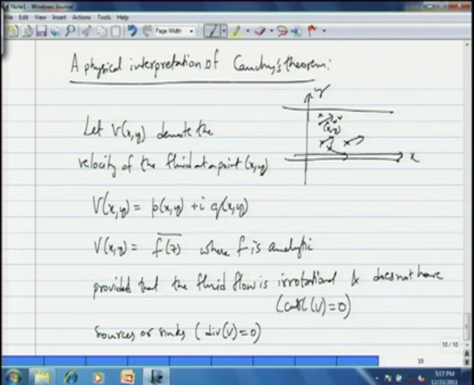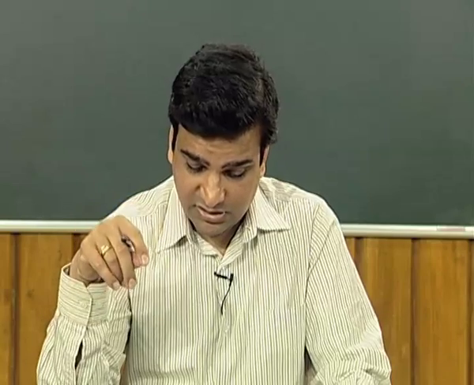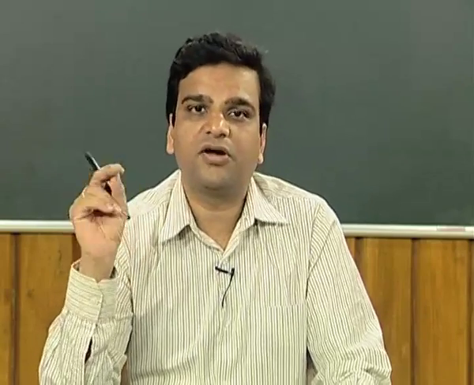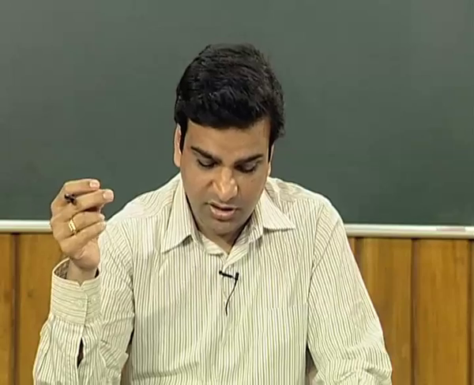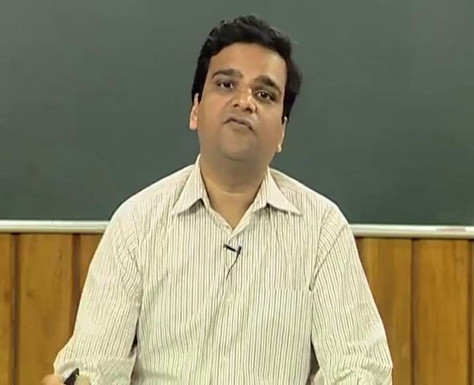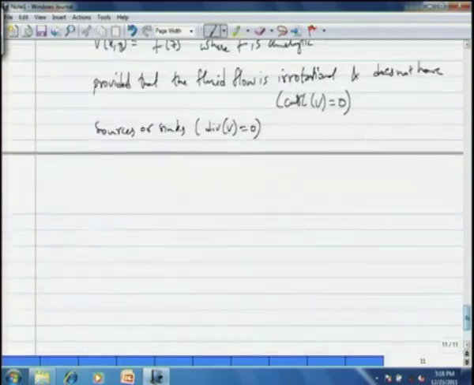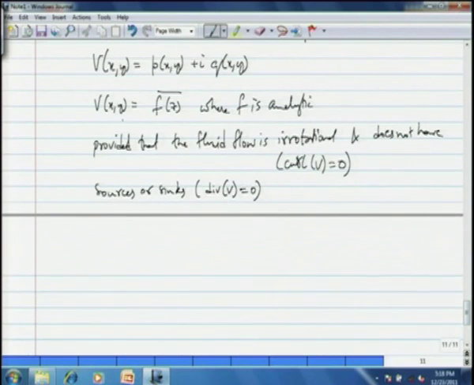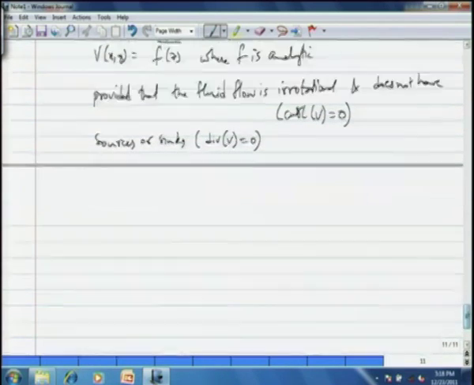We saw that these two conditions actually allow us to form the Cauchy-Riemann equations. They allow us to conclude that the Cauchy-Riemann equations hold for the function v bar, which is f. So, with these conditions, v is the conjugate of an analytic function.